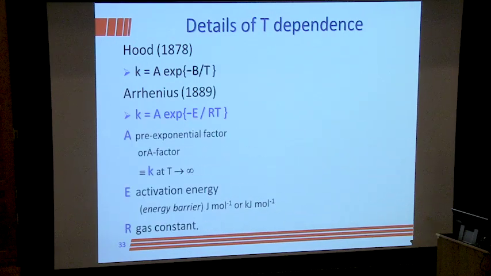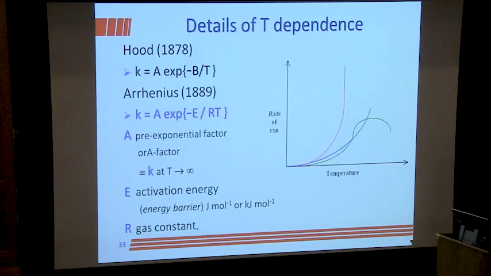So A is a pre-exponential factor, E is an activation energy, R is the gas constant, and T is the temperature, obviously.